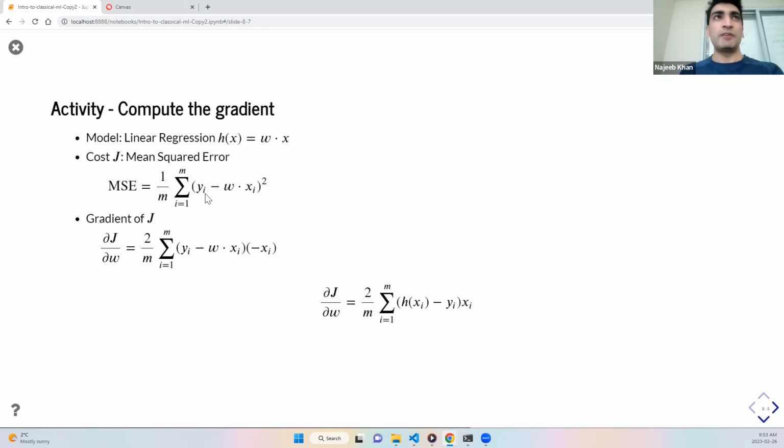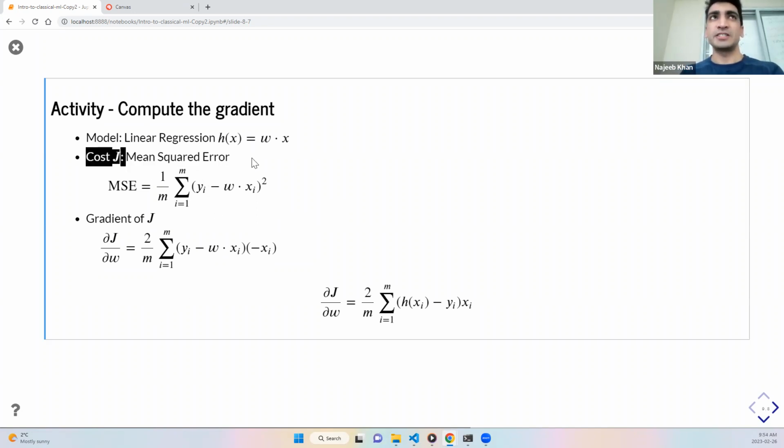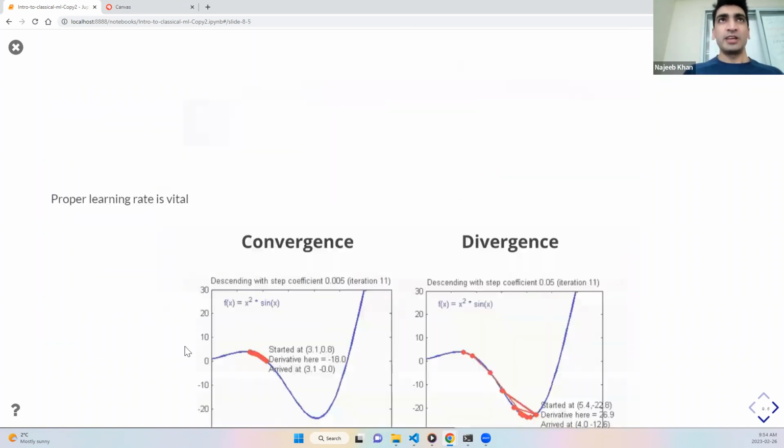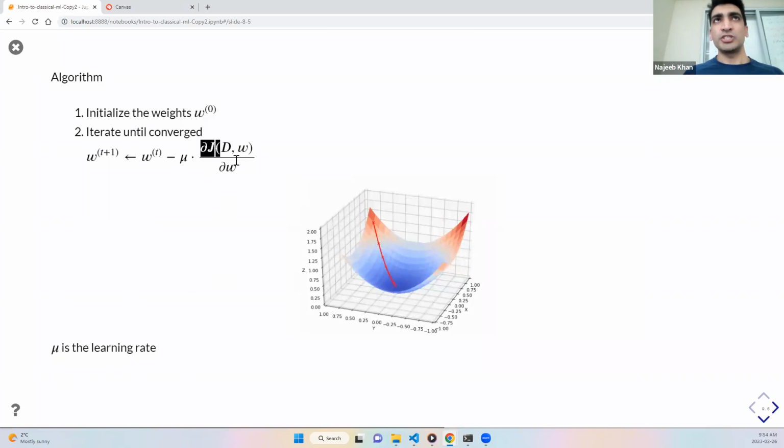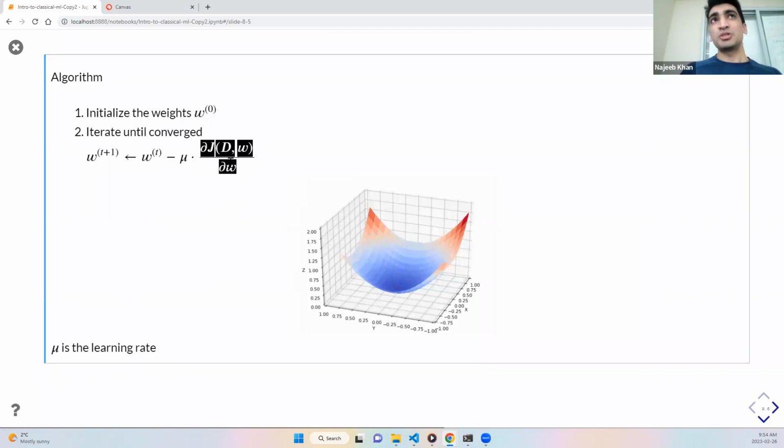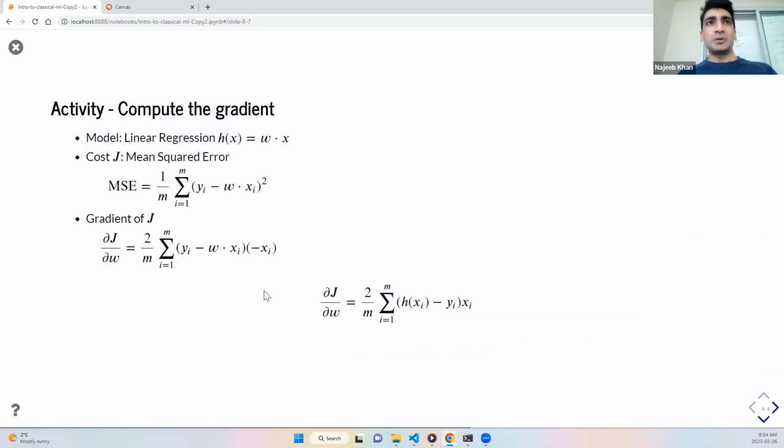So if we have the mean squared error as the objective function, and in the previous slide we saw that we need this component, which is the gradient, we need to somehow compute, given J, the gradient with respect to w. And so how do we do that?